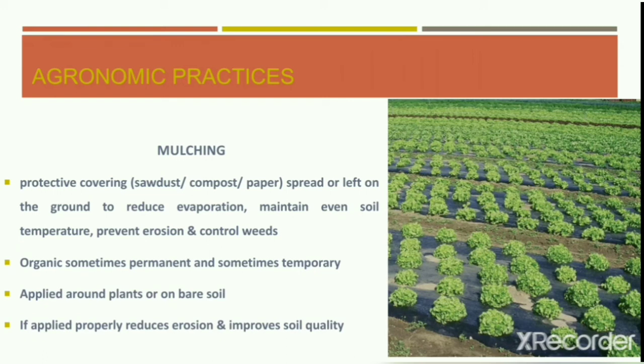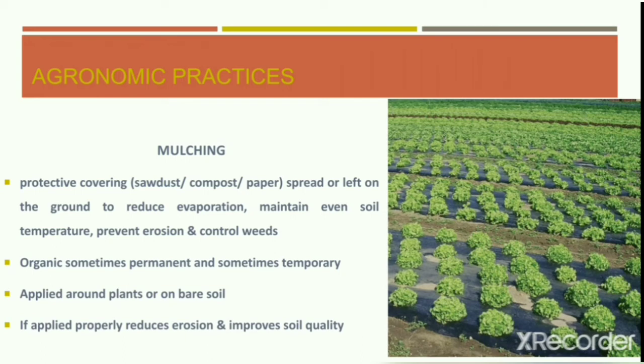A mulch is generally organic, sometimes permanent, and sometimes temporary. In case of permanent, we use plastic sheets, and in case of temporary, we can use bark chips or any organic materials. It is a protective covering spread or left on the ground to reduce evaporation, maintain even soil temperature, prevent erosion, and control weeds.